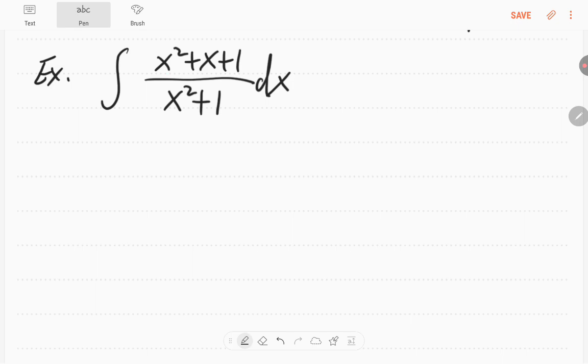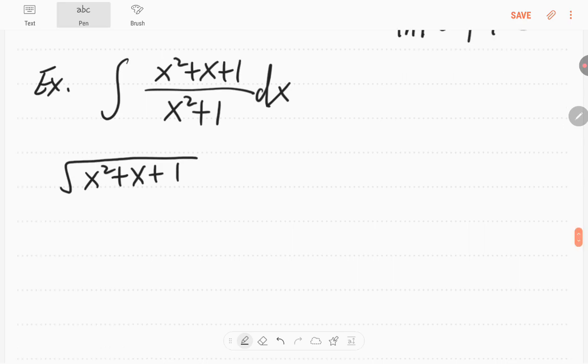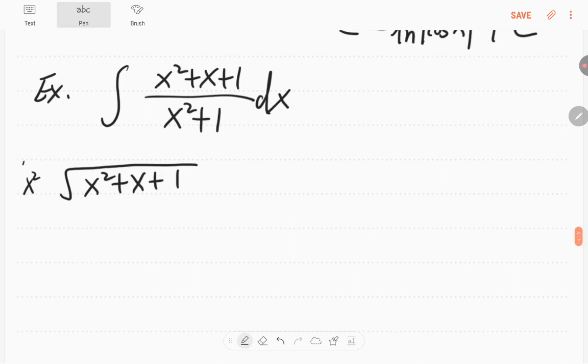Let's do a long division. The degree on the top is greater than the degree on the bottom. This is a rational function. If you have this case, you always do a long division first to simplify our problem. X squared plus 0x plus 1 goes in once.